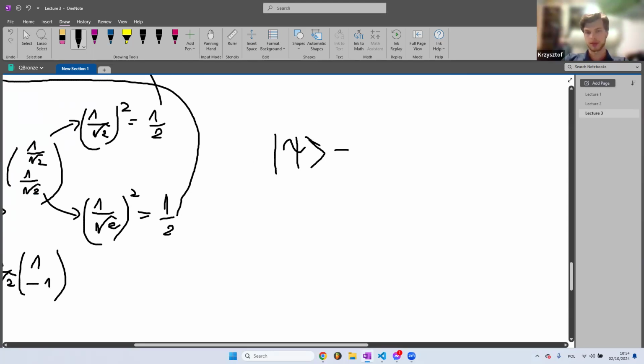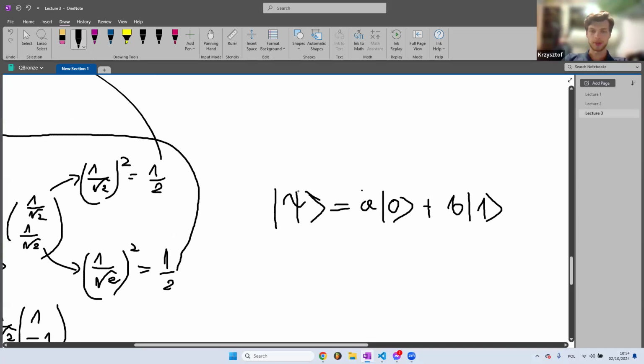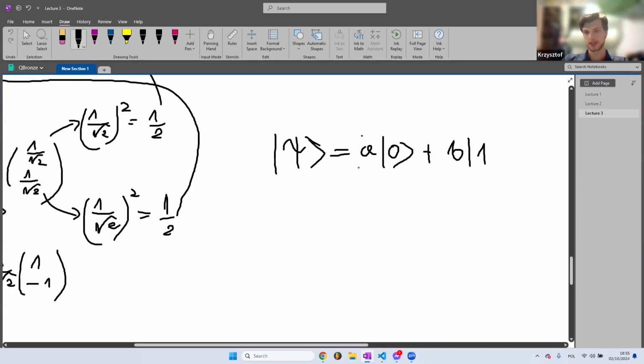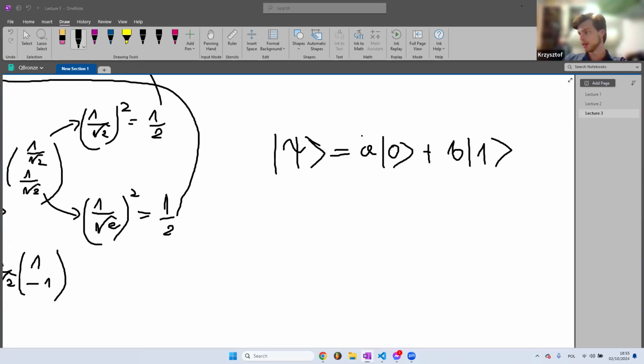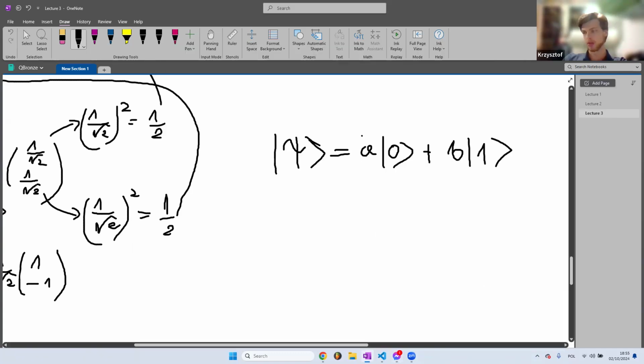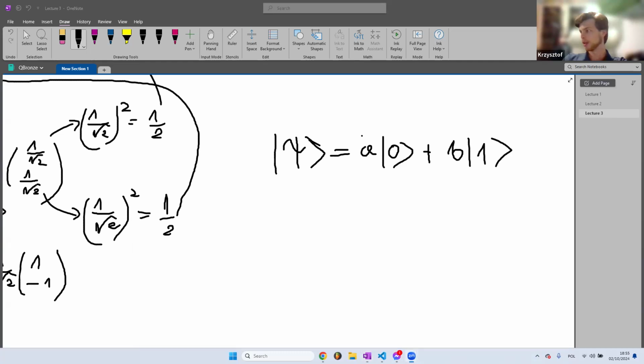So now let's say we have some state A|0> plus B|1>. After the measurement, you can also say the wave function collapses, although some physicists don't really like this nomenclature, because they cannot say what this actually means.